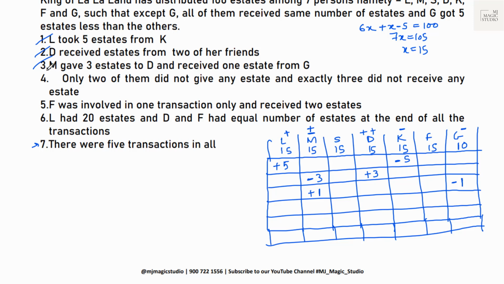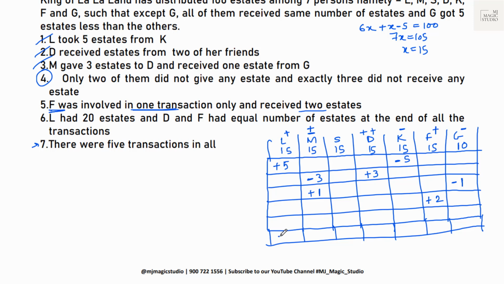Okay, let's see. F was involved in only 1 transaction and received 2 estates. So F plus, and its transaction is closed. He or she is involved in only 1 transaction, so I'm writing plus 2 and no more transactions for F. L has 20 estates at the end.